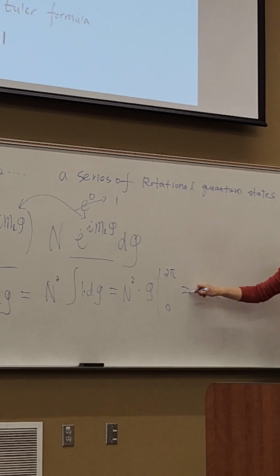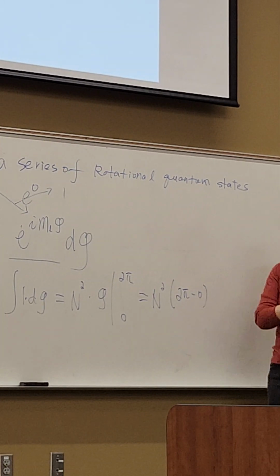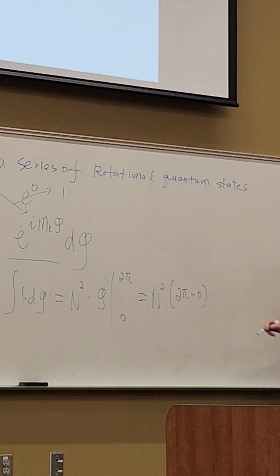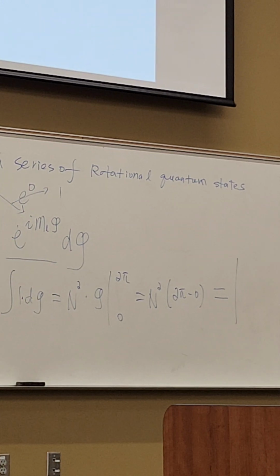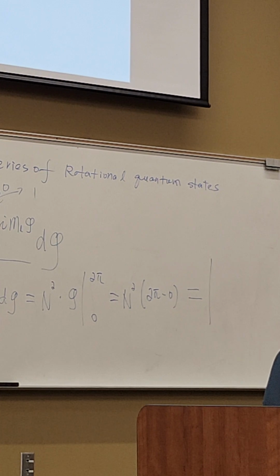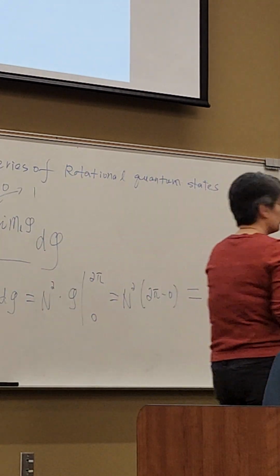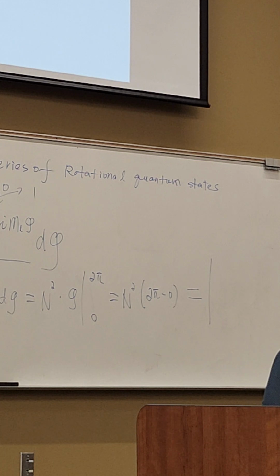And then what you have is n squared times 2 pi minus 0. If it's normalized, what do you have? Normalization means this integral equals 1. True? So this is equal to 1 because of normalization.